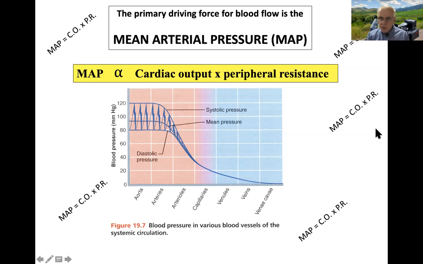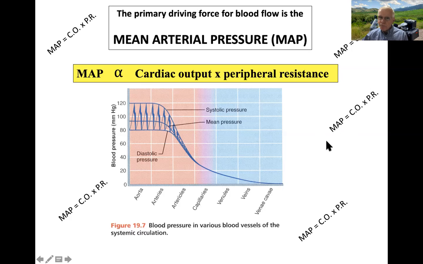Mean arterial pressure equals or is proportional to cardiac output times peripheral resistance. We will look at regulation of cardiac output. We will look at the physiological regulation of peripheral resistance. If peripheral resistance goes up tremendously, that's a back pressure on the heart. So mean arterial pressure will tend to go up.